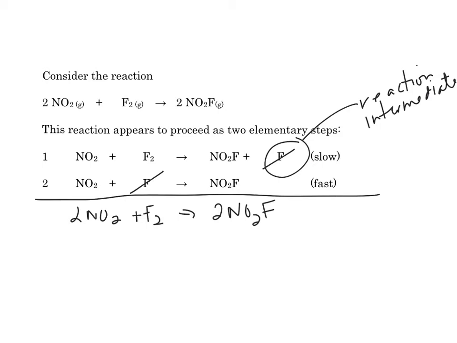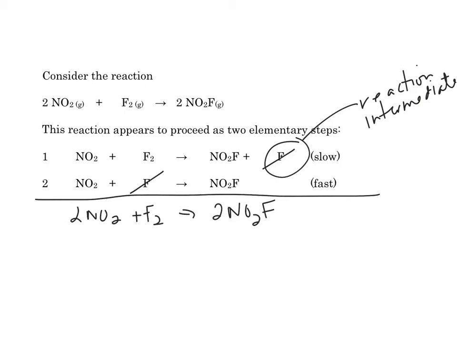You've driven down the road before, and you've been stuck behind a whole bunch of cars, and you can only go as fast as the slowest car will allow you if you can't pass. So we have a slow step, and that is the rate determining step. That is the one that determines how fast your reaction can proceed, because this part can't happen until we make the fluorine atom.